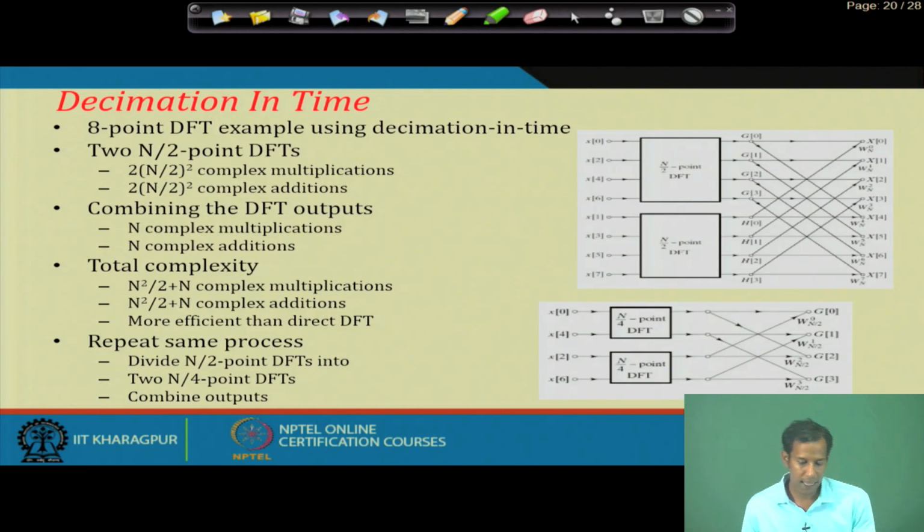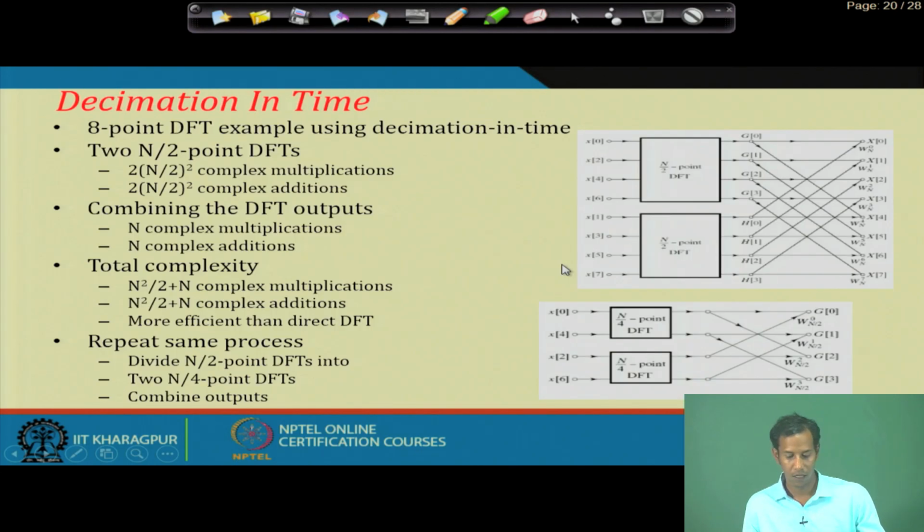So, in the earlier days the DFT was done in decimation in time. In decimation in time we divide the DFT into two parts, where the upper half is done by an n by 2 point DFT and the lower portion is also done by an n by 2 point DFT.